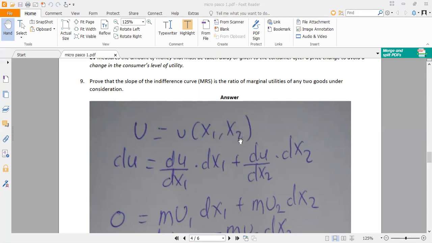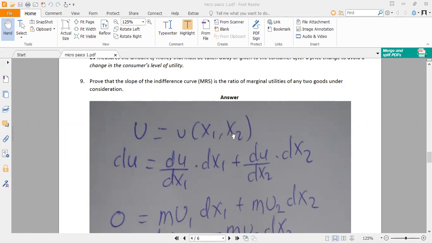So if you want to prove this, you take total differentiation. Okay, take total differentiation of the utility function. So this part becomes du, then you differentiate u with respect to the first good. So we have ∂u/∂x1 times dx1.